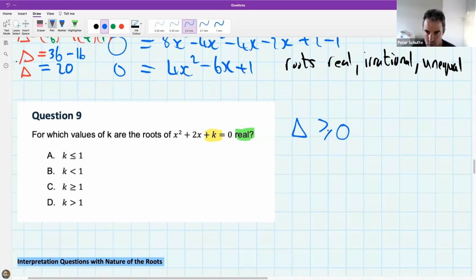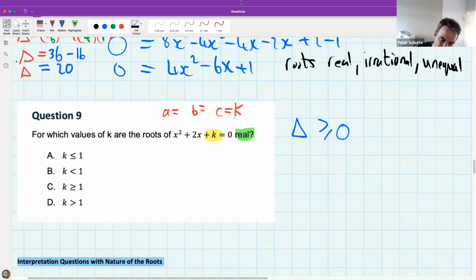So what I'm going to suggest to you is work out what A is, work out what B is, and for your C value, you're just going to say that's equal to K. And then I'd like you to try and use that if you can to try and guess what the answer will be, A, B, C, or D?